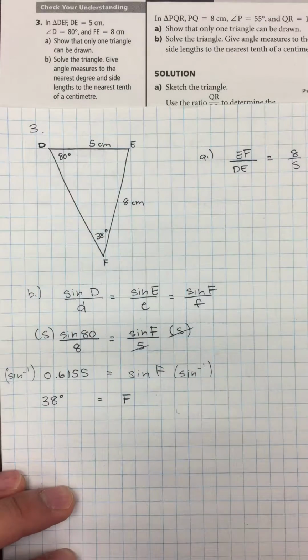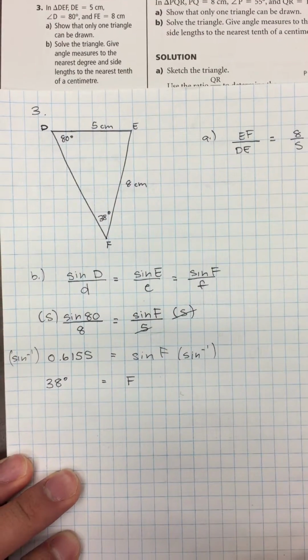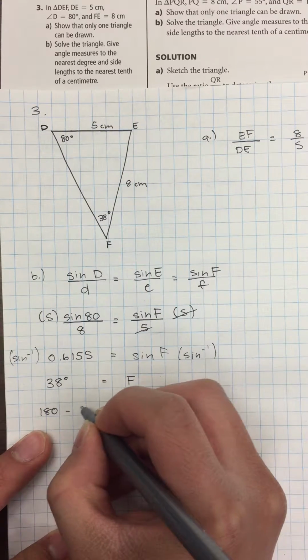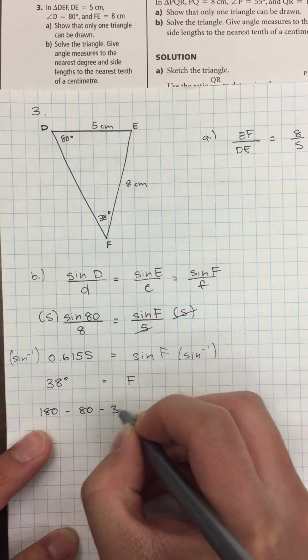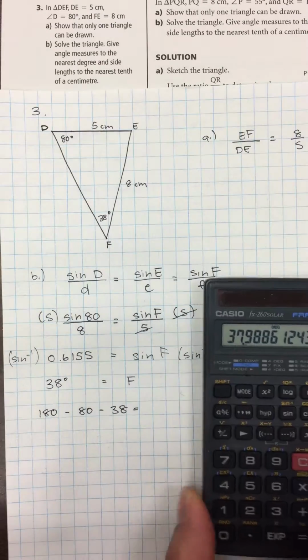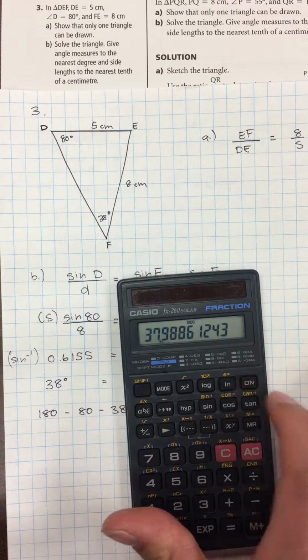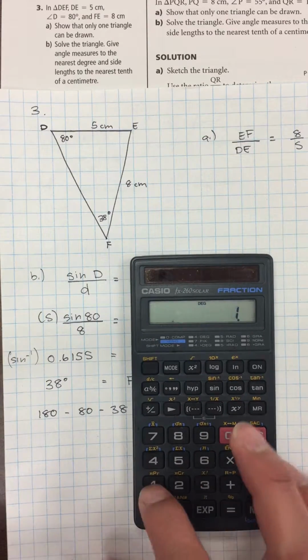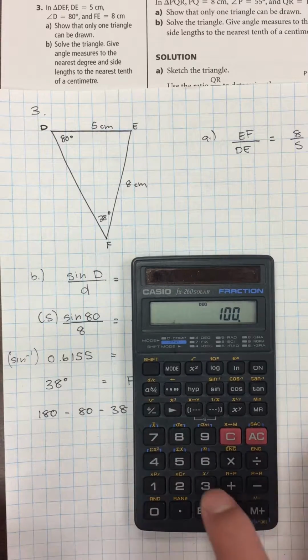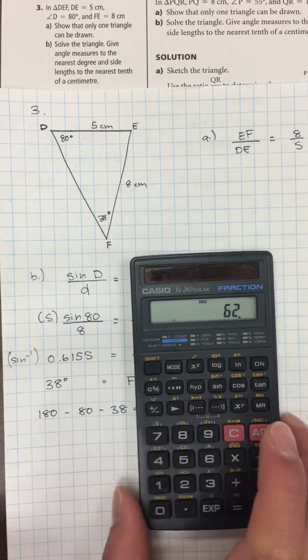To get angle E, remember that little trick that we did last example? We would do 180 minus 80 minus 38 is equal to 62.